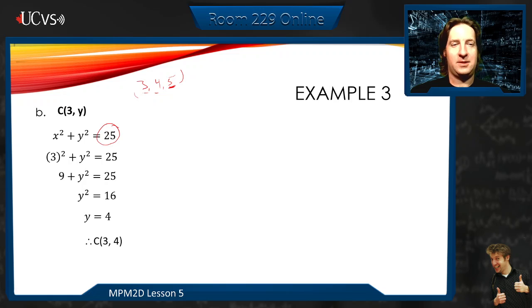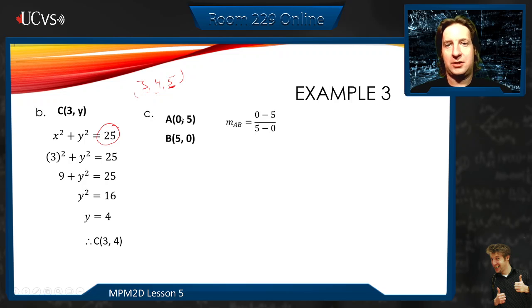So what are we going to do? How do we do this properly? Okay, so those are our 2 points for our chord AB. So we're going to take our 2 points, and we're going to come up with the slope of the original chord AB. That's what I'm calling MAB. So the slope of AB, taking these 2 points, this is going to be my x1, this will be my y1, this will be my x2, this is my y2, and I plug them in, and I end up with a slope of -1.